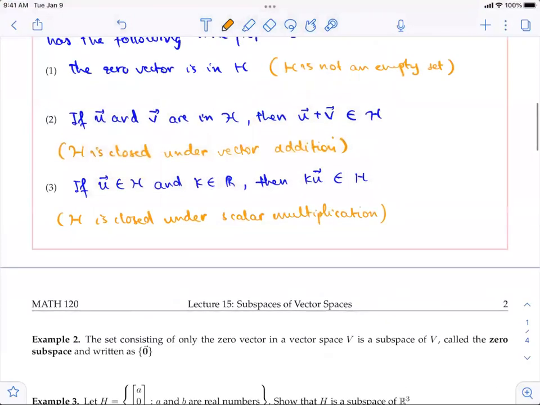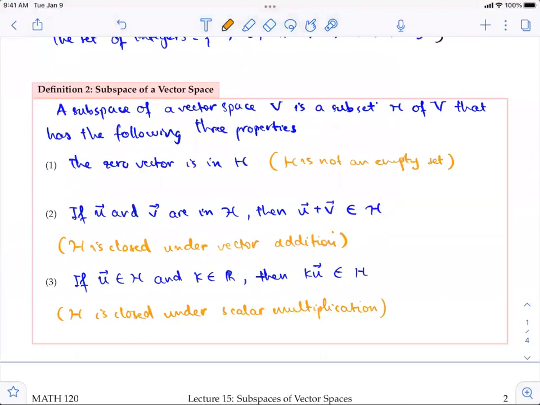Again, the definition of a subspace of a vector space is that if you have a subset H of a vector space V, and you want to know if H is a subspace of V, then you need to check these three properties. The first is that the zero vector is in the subset H, to ensure that H is not an empty set.